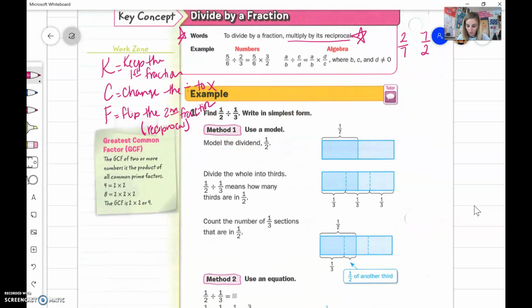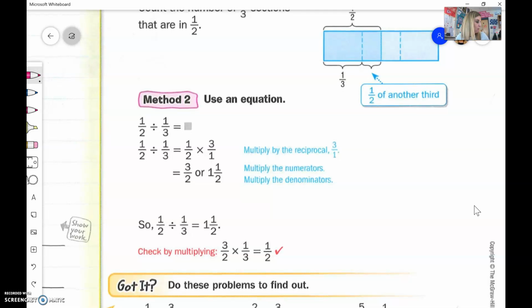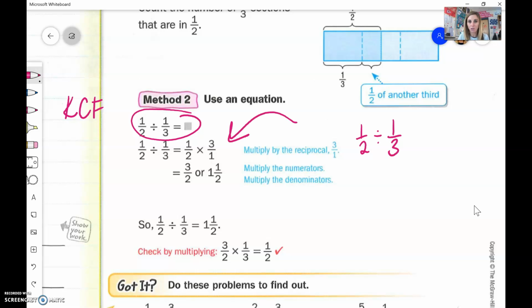So we're going to go ahead and take a look at what that actually looks like when we use that as an equation on page 318. So remember, keep, change, flip. We are going to look at this problem right here, 1/2 divided by 1/3. Again, even though it is written here, I want you to rewrite it over on the side just like I'm doing.